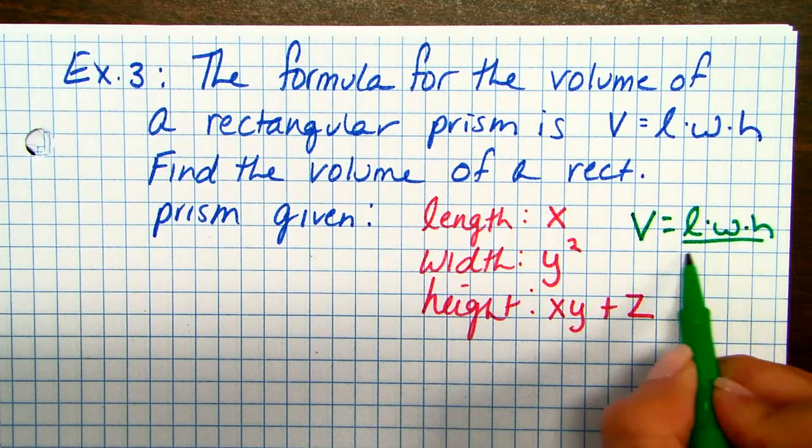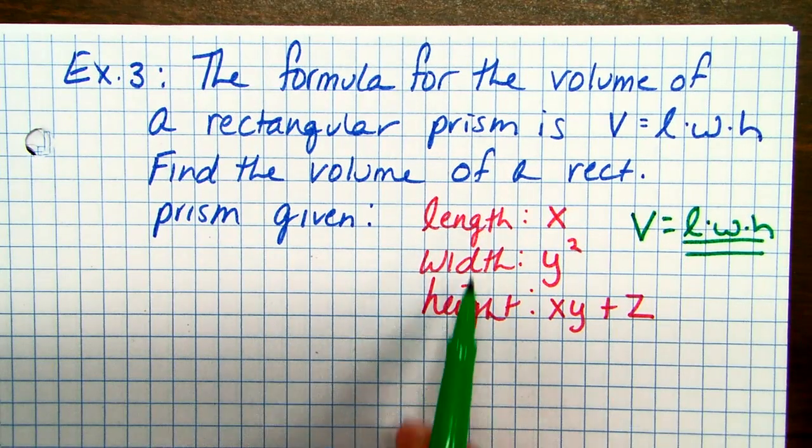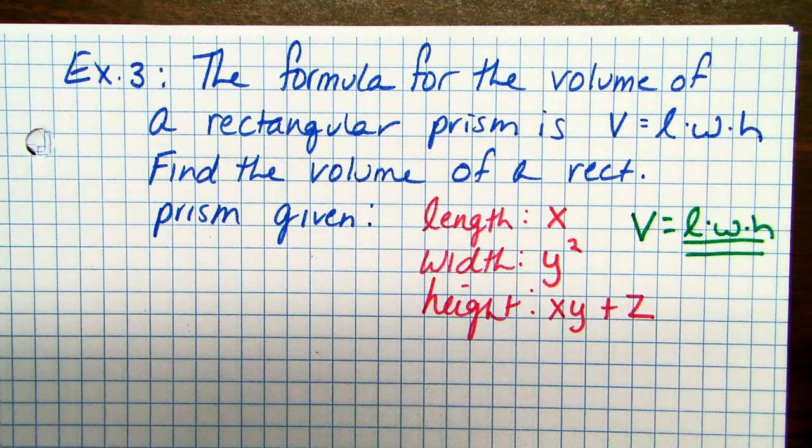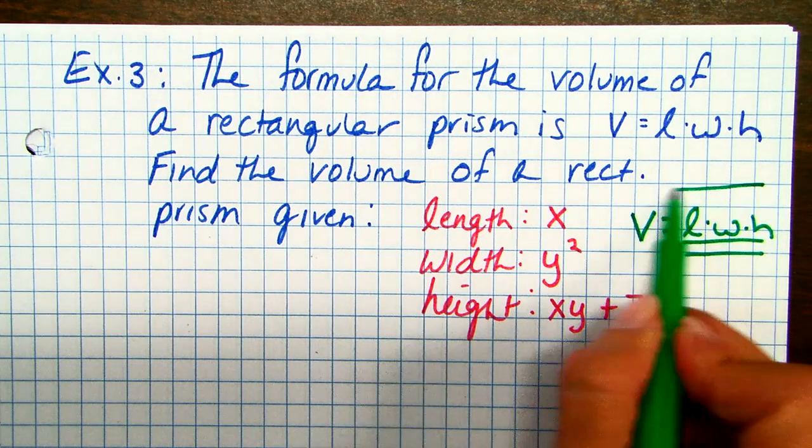You're given a formula. You're given L, W, and H. So the formula for the volume of a rectangular prism is volume equals length times width times height. Find the volume of a rectangular prism given length, width, and height. All in letters. Algebra. Right? If you just write this, that would be enough.